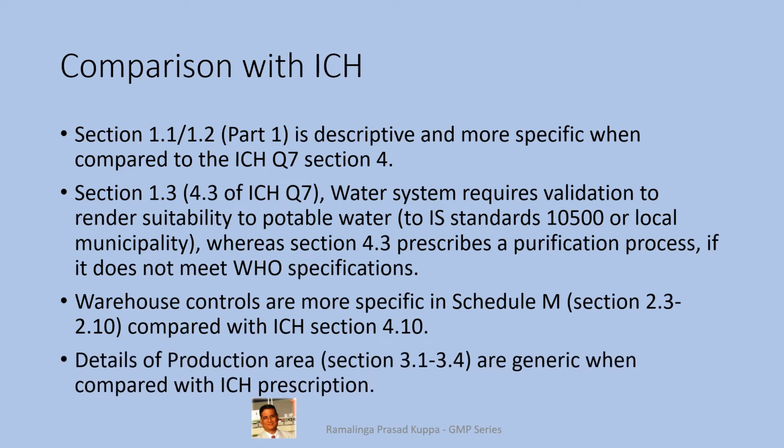Details of production areas, Section 3.1 to 3.4, are generic when compared with ICH prescriptions. The same logic as given for Section 1.1 and 1.2 as above is valid for these two also.